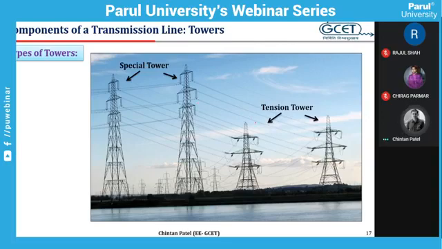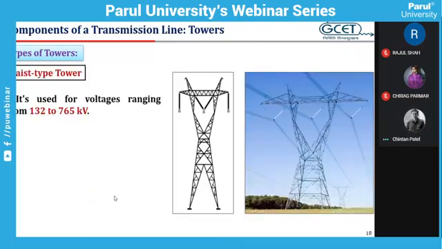So you can see the transmission line is changing the direction. So these two are the tension towers, and all these towers in the background are simply suspension towers. So in one photograph itself, three different types of towers are visible.